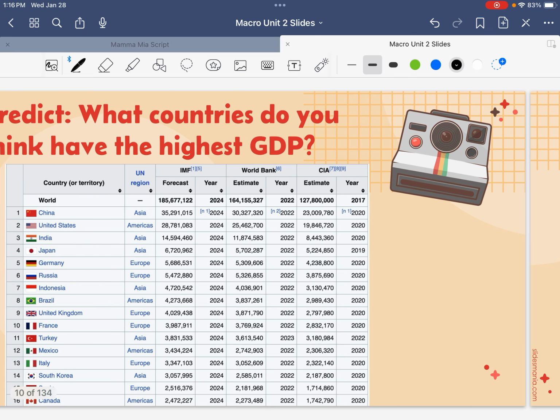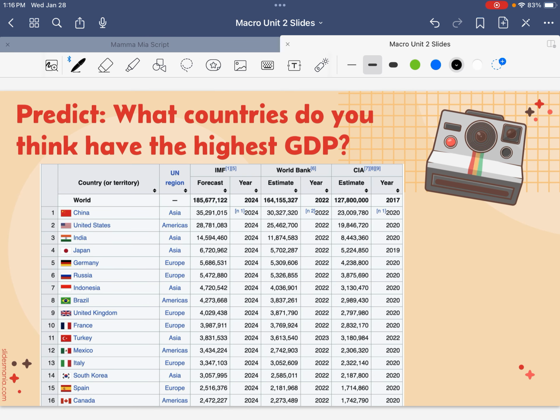We're going to skip that. Maybe we won't. So if I were to have you in class right now and I said who has the largest GDP, you would say China and the United States, right? Because we think of those countries as countries that produce a lot. And that is what GDP is. It is a measurement of production. And it's a pretty good measurement of the country. It's a good indicator to look at.